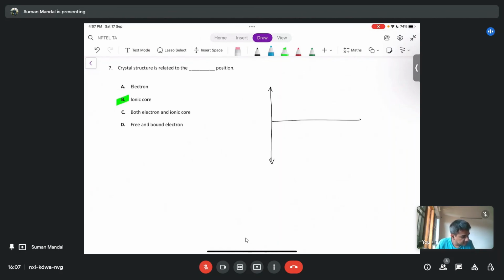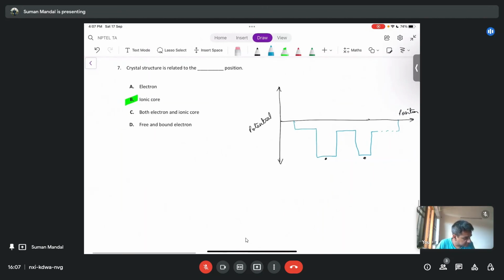So again, if we draw the potential diagram, it looks something like this. This is the potential, this is the position, and these are the ionic cores. The separation between them and the orientation between them determines the lattice parameter and other things.